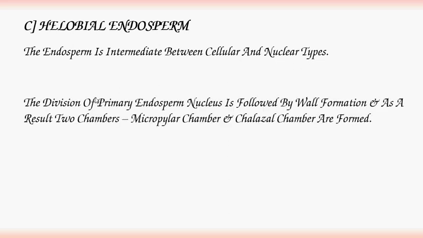The division of the primary endosperm nucleus is followed by wall formation. The first division is followed by wall formation, and as a result, two chambers are formed: the micropylar chamber, which is present towards the micropyle, and the chalazal chamber, which is present towards the chalaza.